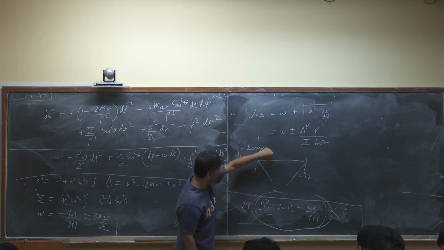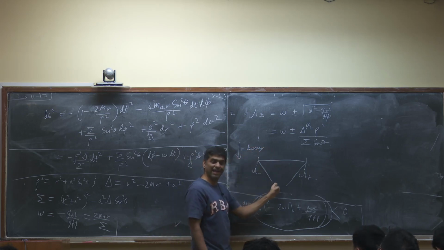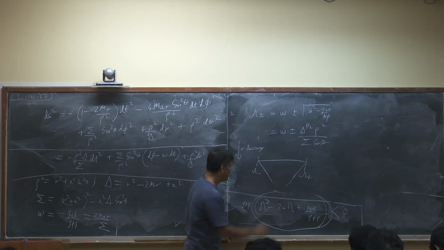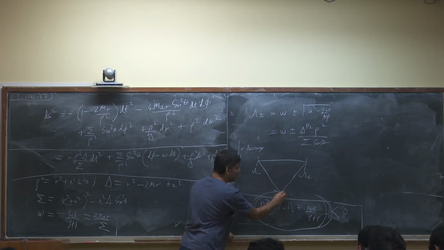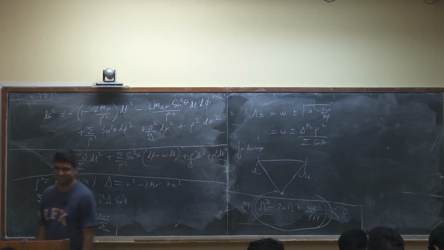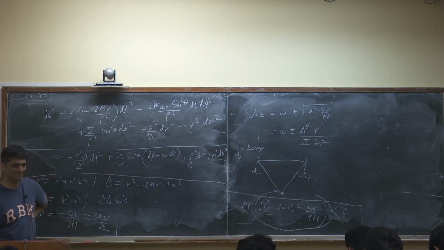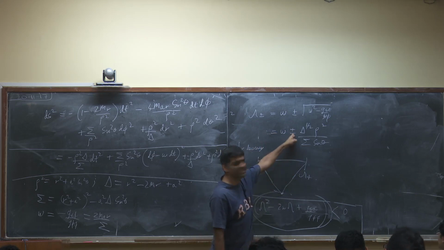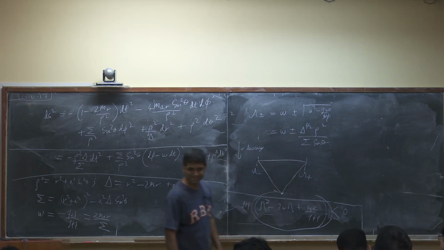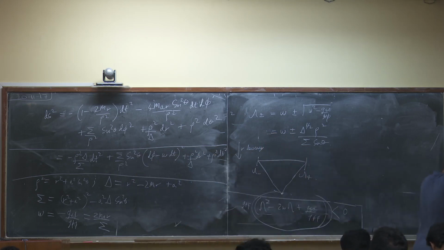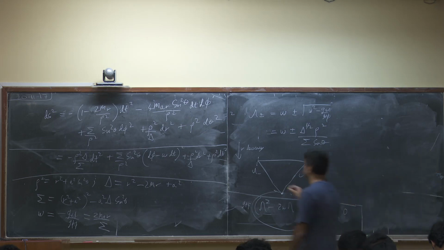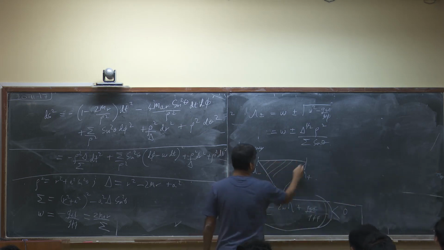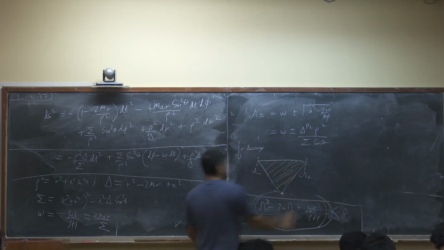If you go to lower and lower values of r, you have to go to higher and higher omega, and at some point these two meet. This behavior you can see by just studying this expression. So the allowed value is the shaded region.